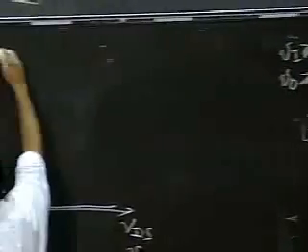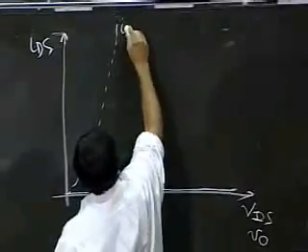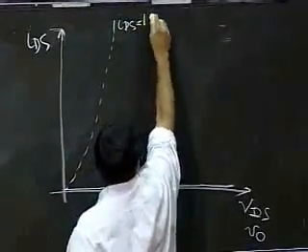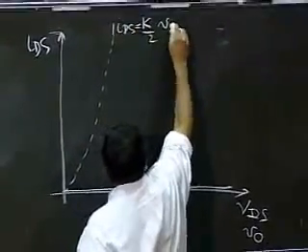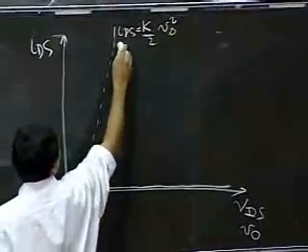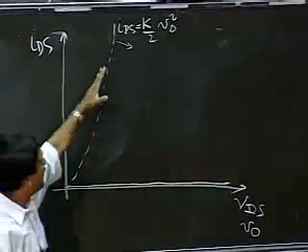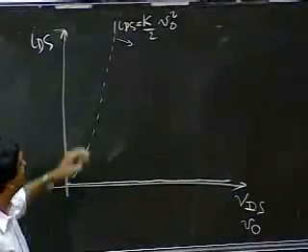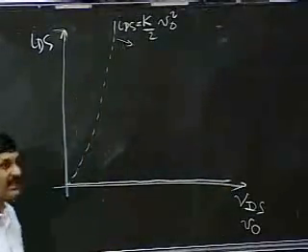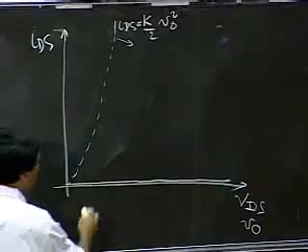So this line is IDS equals K by 2 V naught squared, and in this region, I have the valid operating region where IDS is less than that quantity.